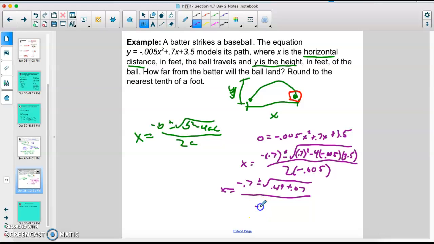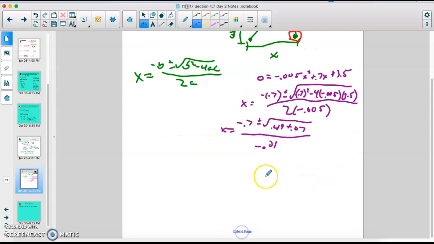And then this is all over negative 0.01. Okay, and then we just keep on going with it. So x equals negative 0.7 plus or minus the square root of 0.56 all over negative 0.01.